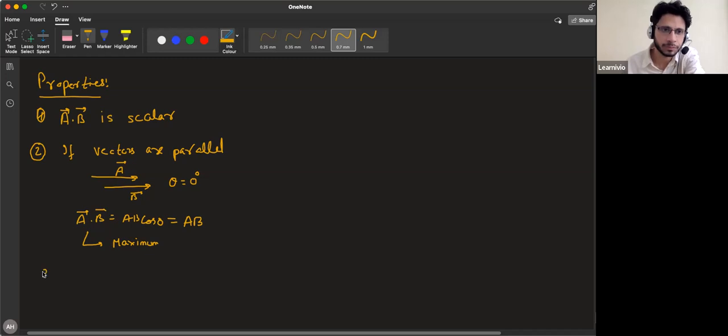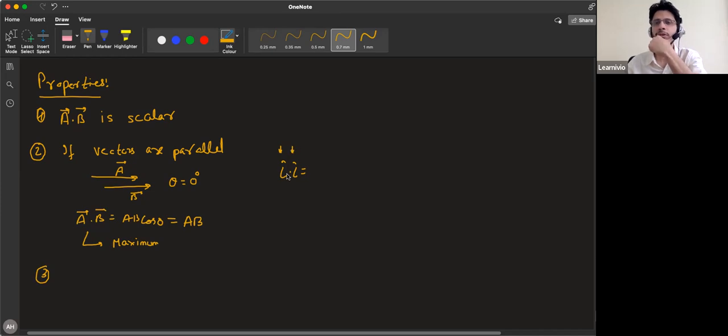Third. In the same thing, you can write I cap dot I cap. What is the angle between I cap and the second I cap? I cap is a unit vector along x-axis. The second I cap is the same thing.